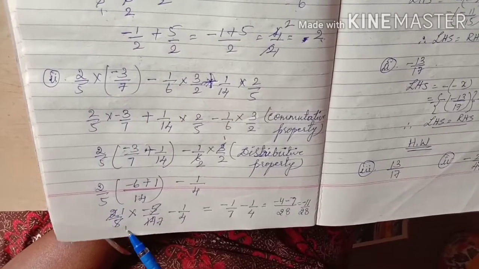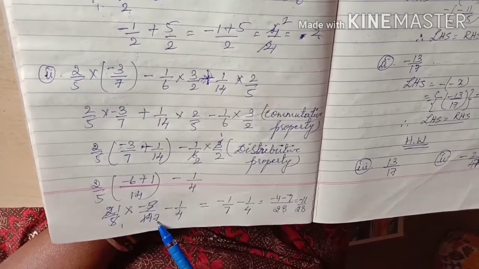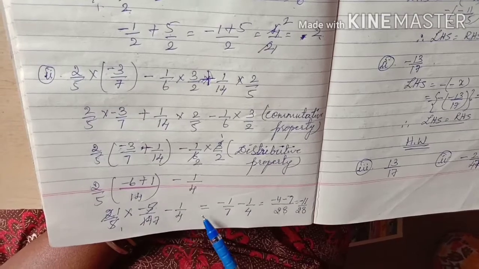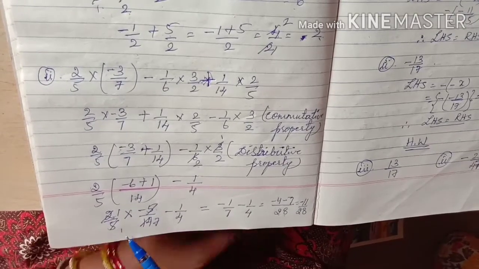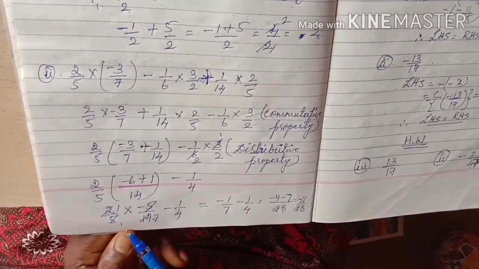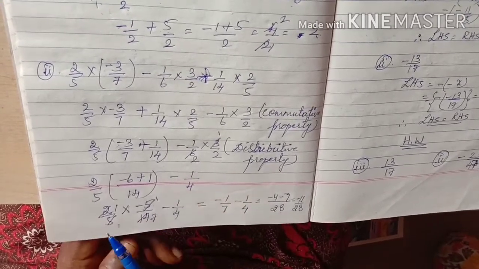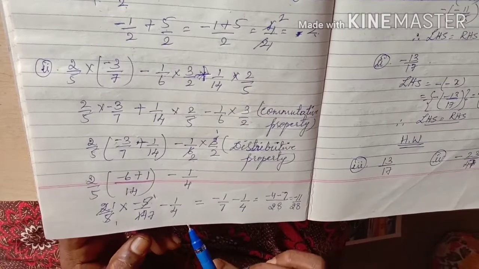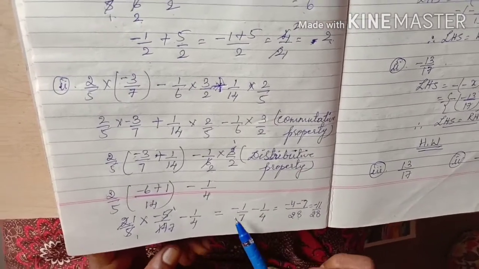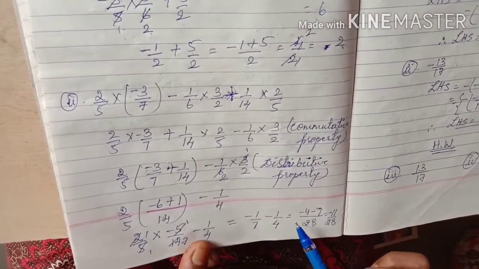So 2 by 5 into minus 5 by 14 minus 1 by 4 is equal to 2 1s are 2, 7s are 14, 5 1s are 5, 1s are 14, 5 1s are 5. So here plus into minus is minus, so minus 1 by 7 minus 1 by 4.